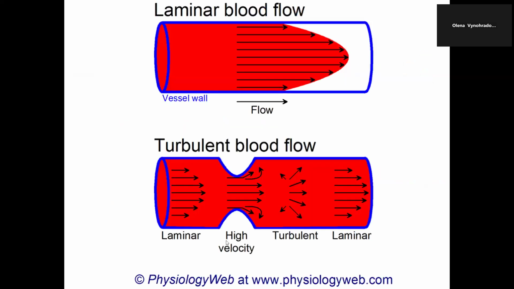When we are talking about flow in our blood vessels, we should say that normally, in a perfect way, our blood should move according to laminar blood flow. You see? So it will be equal everywhere.